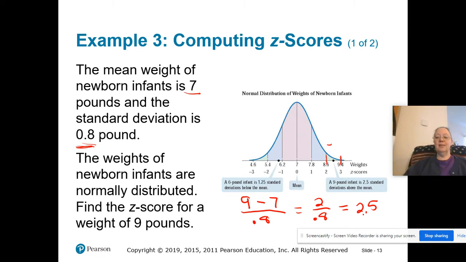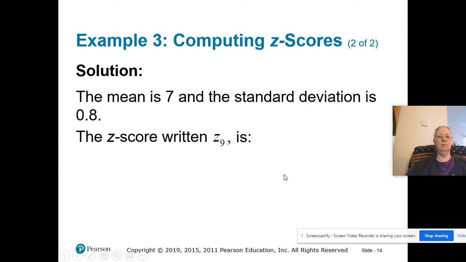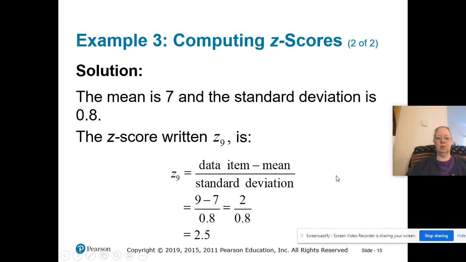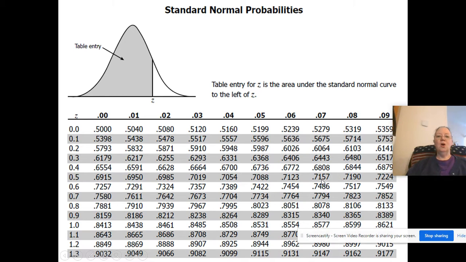So this tells us that a baby who is born who weighs 9 pounds, their weight is 2.5 standard deviations above the mean. Basically, that tells us that they're a pretty big baby. And yeah, 2.5.